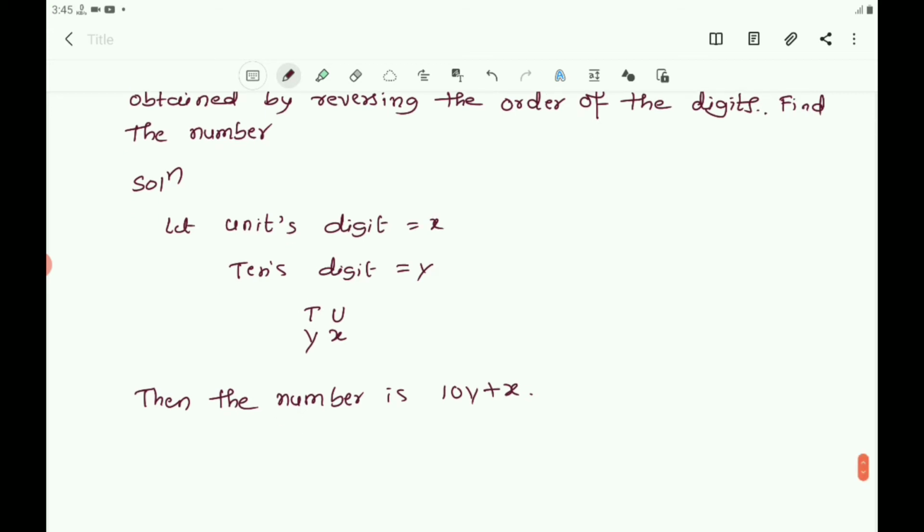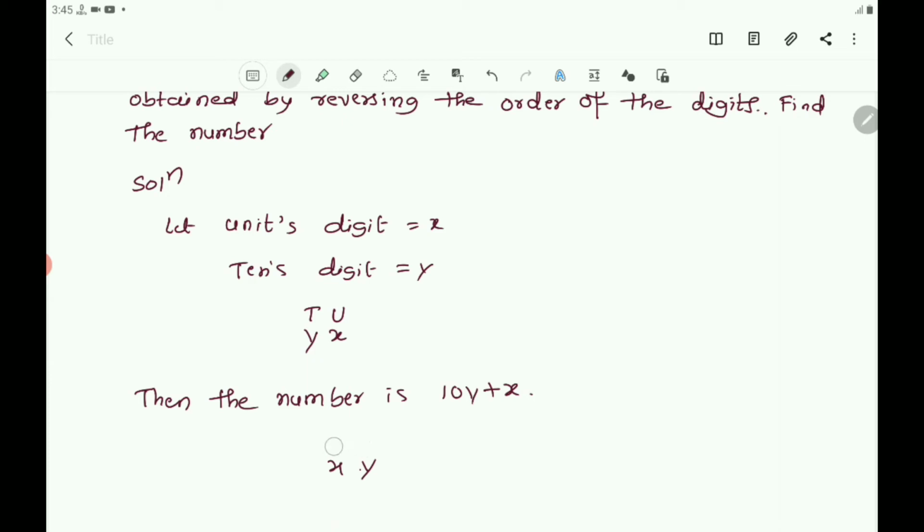The number obtained by reversing the digits: the x comes to the place of the tens digit and y comes to the place of the unit digit.